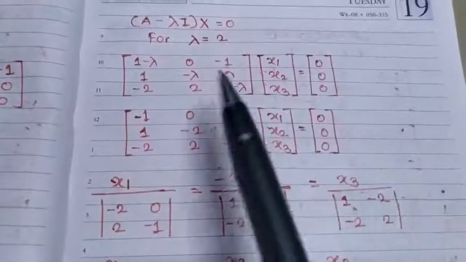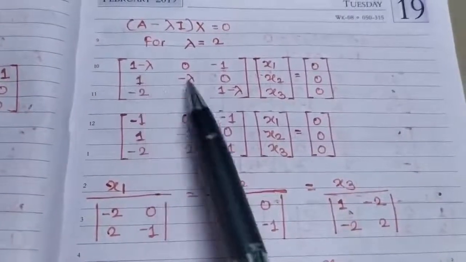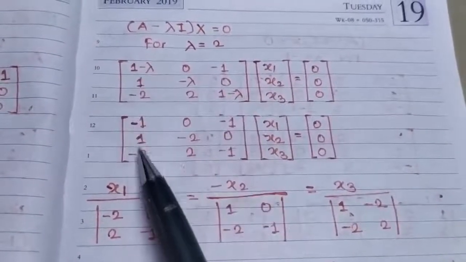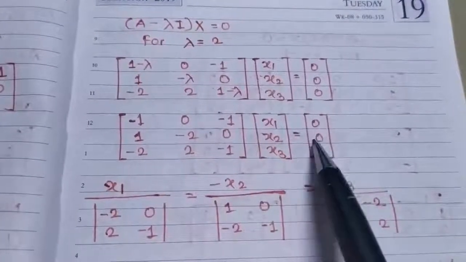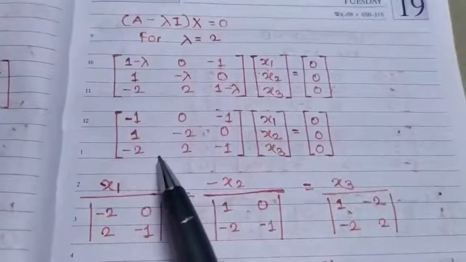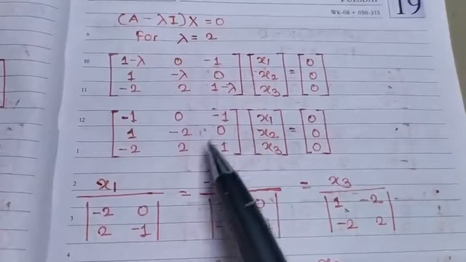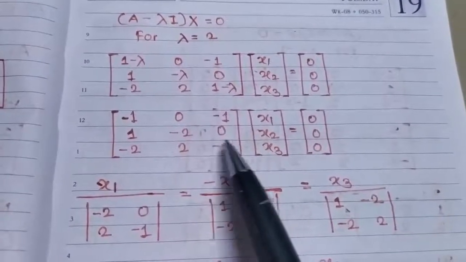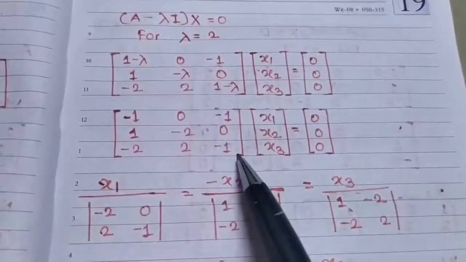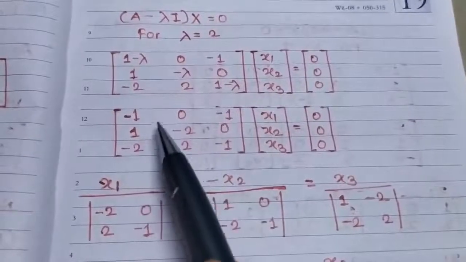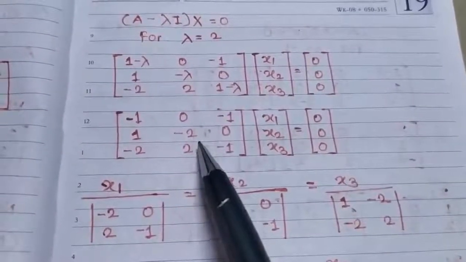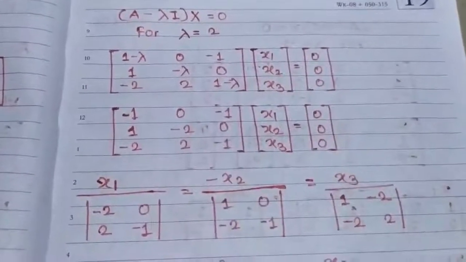Now lambda is equal to 2. We get this matrix. See, we can't reduce it to echelon form. 3 equations, hence we have a rule.